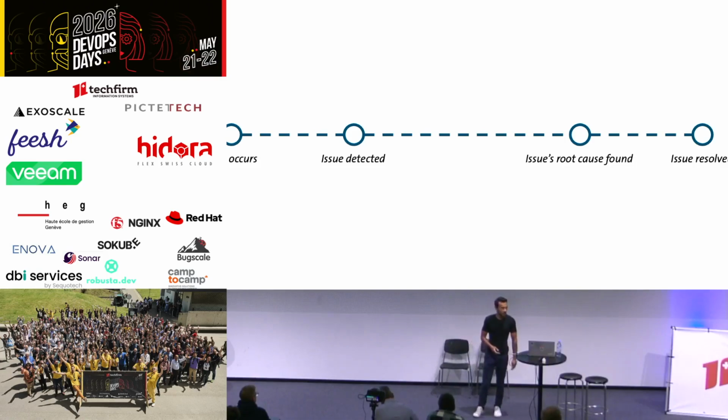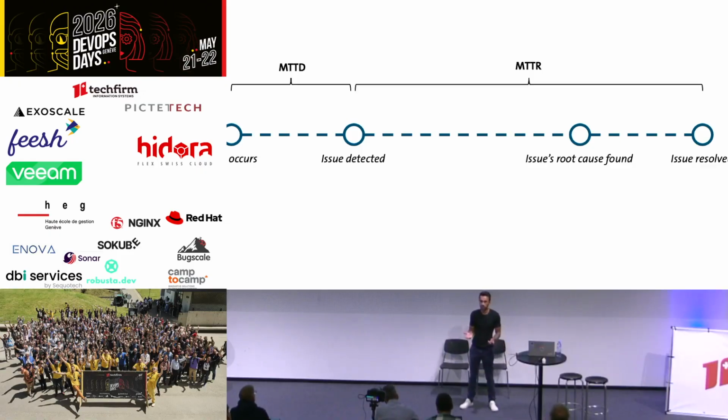First the issue occurs, and then at some point, hopefully, the issue is detected by the service control center. They're going to start investigating. At some point, they're going to find the root cause, and when they find the root cause, they're going to repair it. Probably many of you know this part. The first part is called MTTD, mean time to detect. And the second part is called MTTR, mean time to repair.